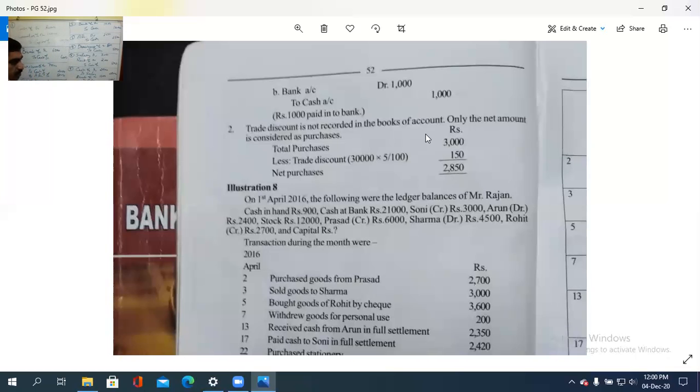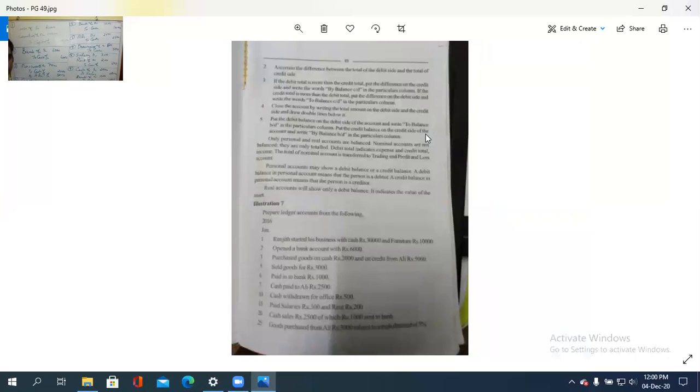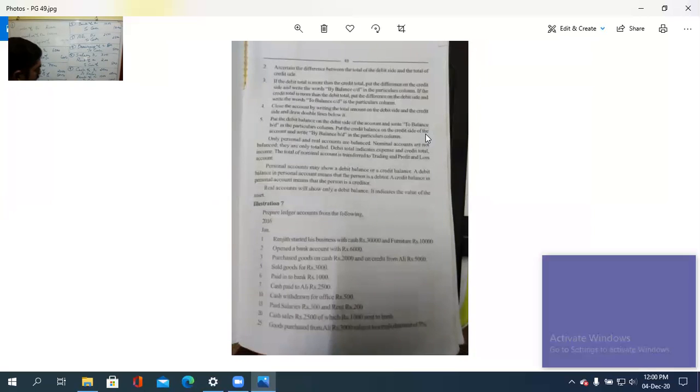Trade discount is not recorded in the books of account, only the net amount is considered. So purchase account debtor to Ali, last entry, 2,850 only need to be entered because 150 is the trade discount.